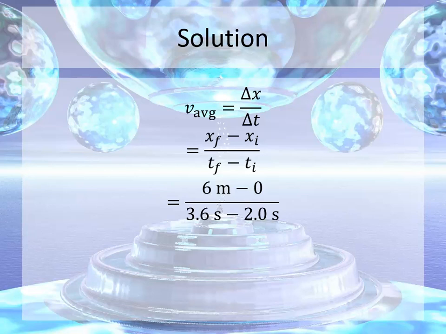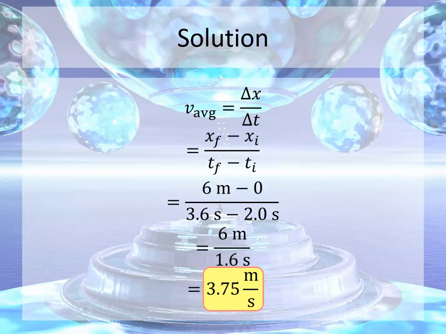So that x final was 6 meters, that x initial was 0 meters, but 0 times meters is still 0. And time final is 3.6 seconds. The initial time was 2 seconds. So our delta x was 6 meters, our delta t was 1.6 seconds, and dividing those through ends up giving you an average velocity of 3.75 meters per second.